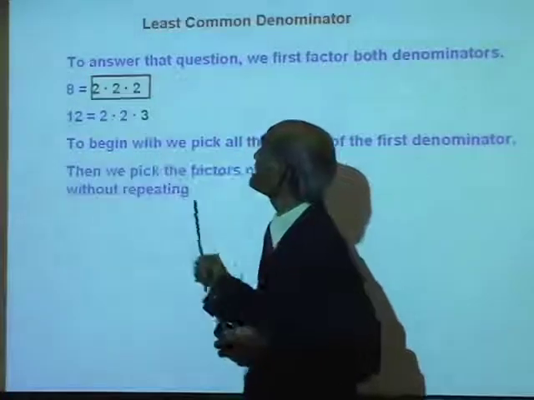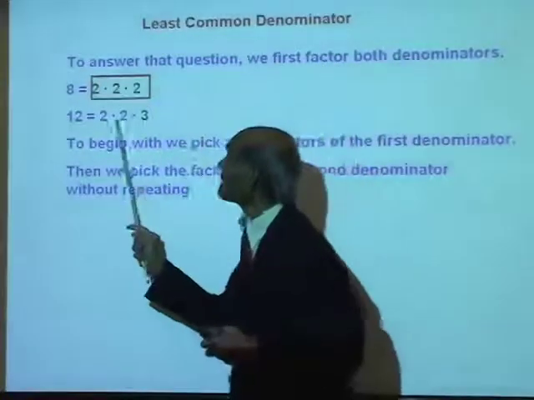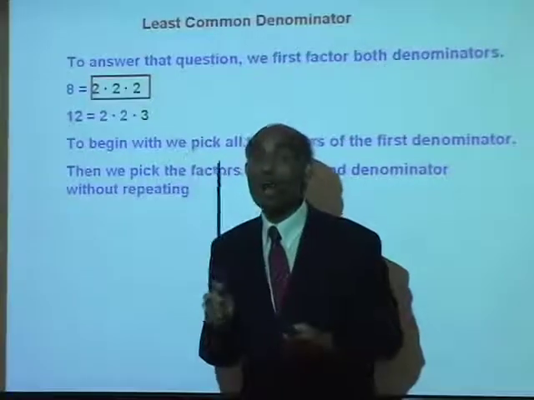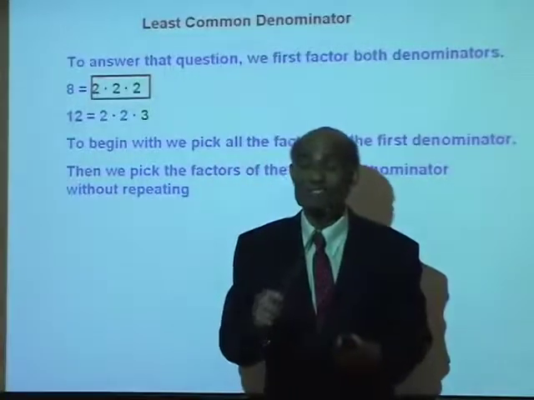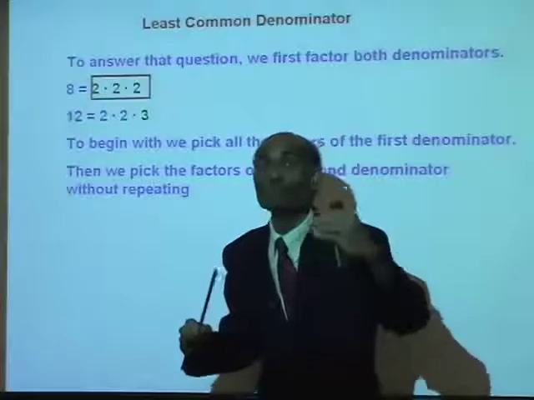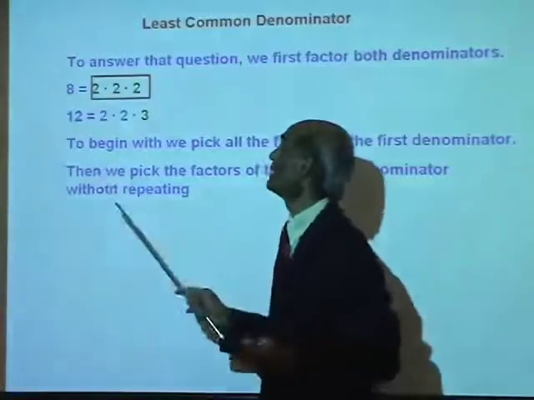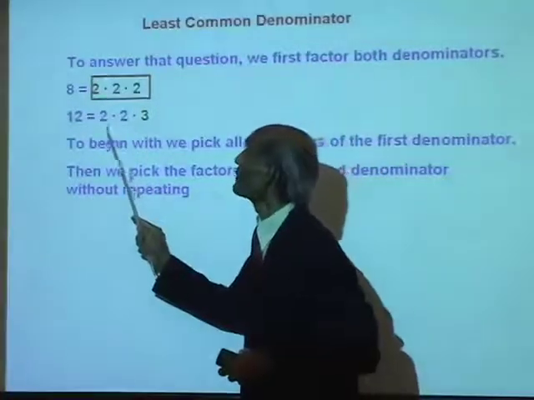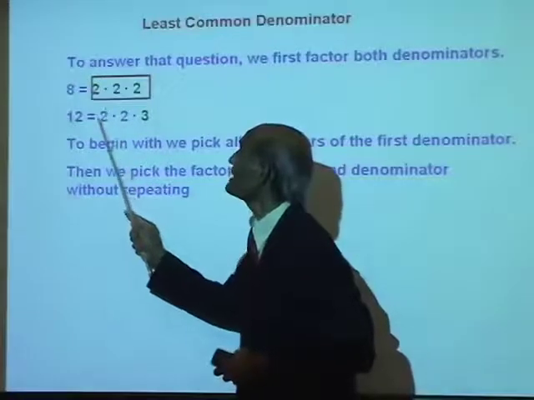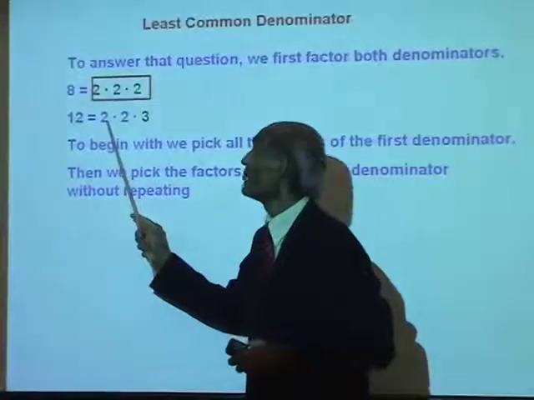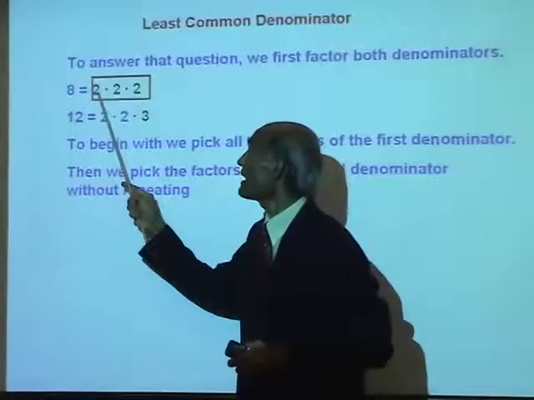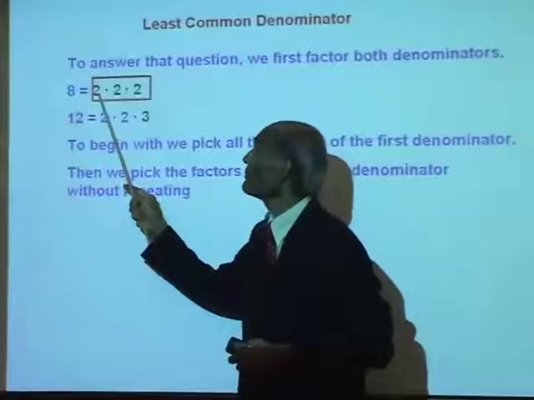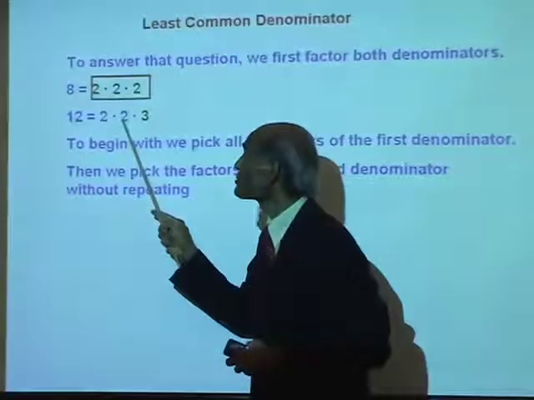And now you come to the second number. From the second number, we pick only those factors which are not already picked in the first number. For example, this 2. Do you need that 2? The answer is no, I have picked a 2 from the first number. We now go to the second 2.